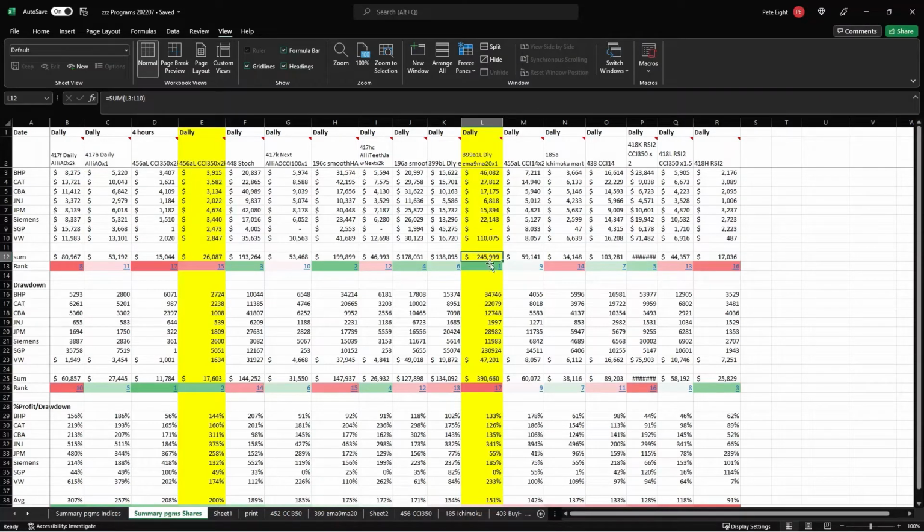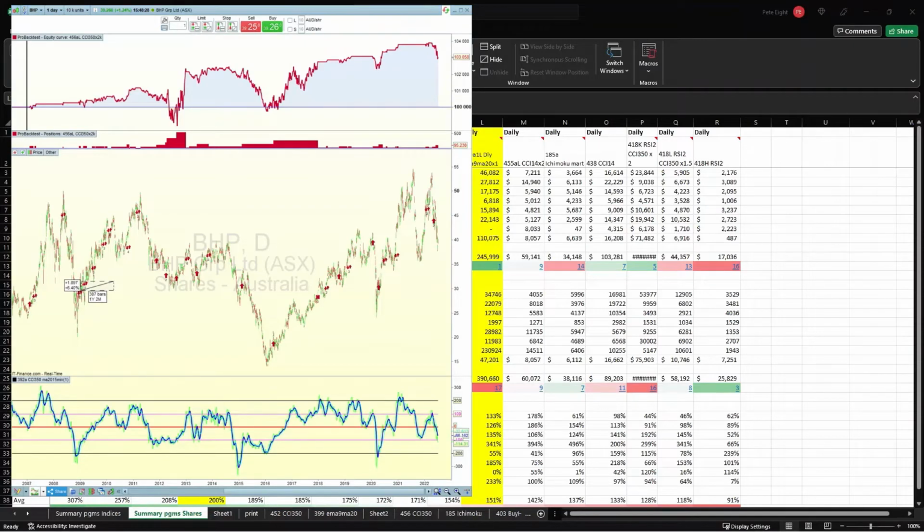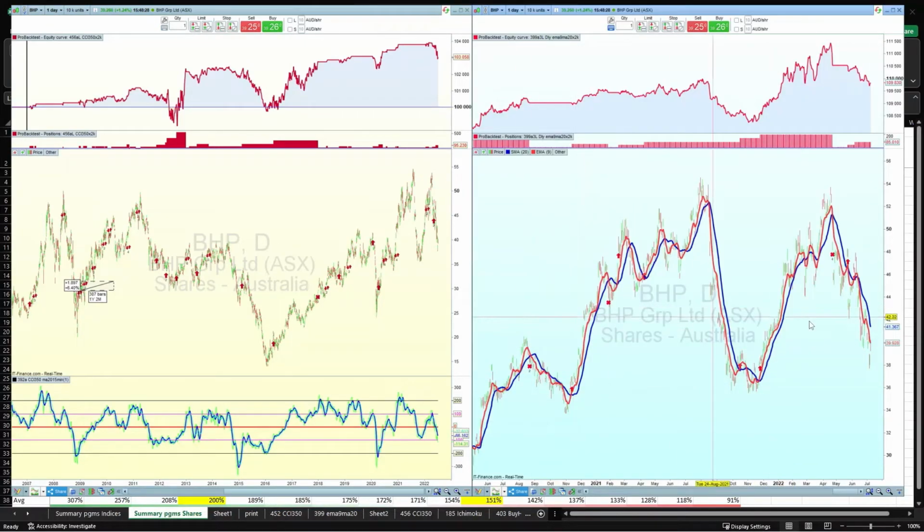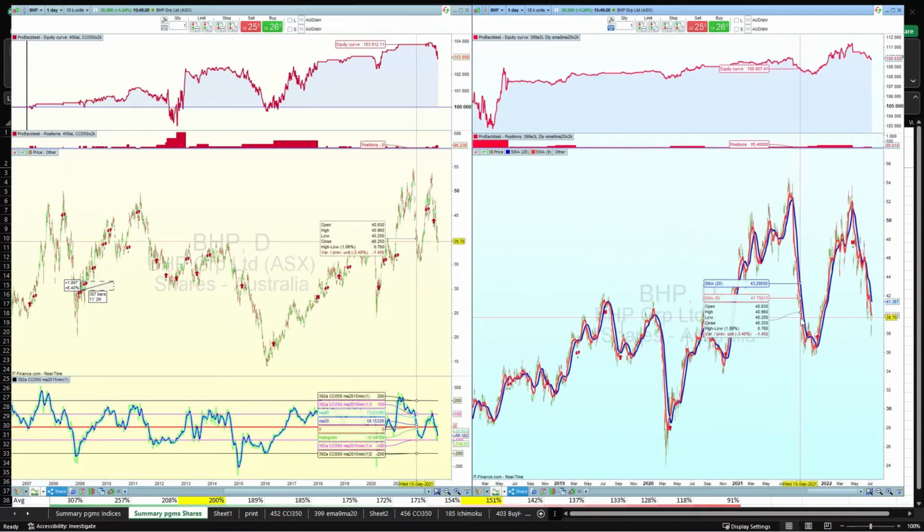But why am I showing you these two particularly? Well, although this is the highest profitability, 245 versus 26,000, I just want to make you aware, if you look at these two strategies, let's go through these charts specifically. So again, this is BHP.